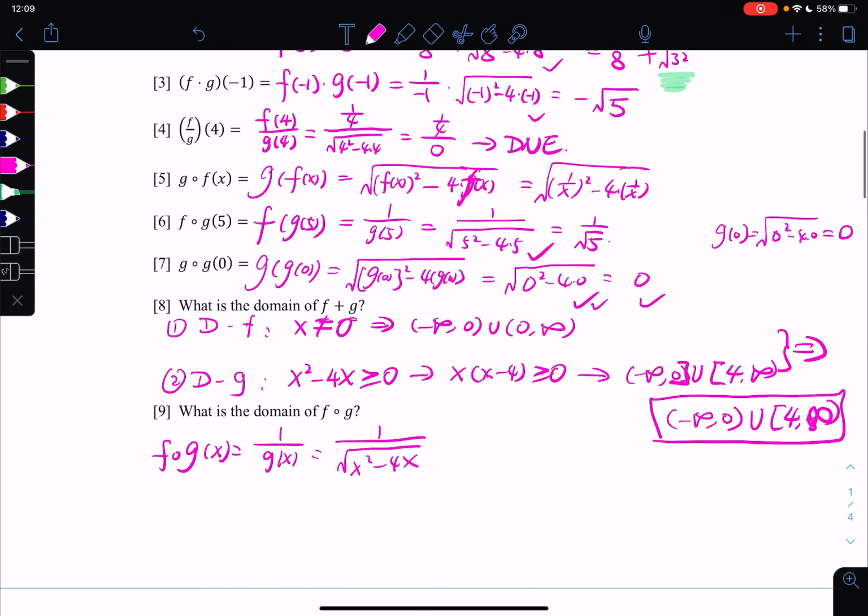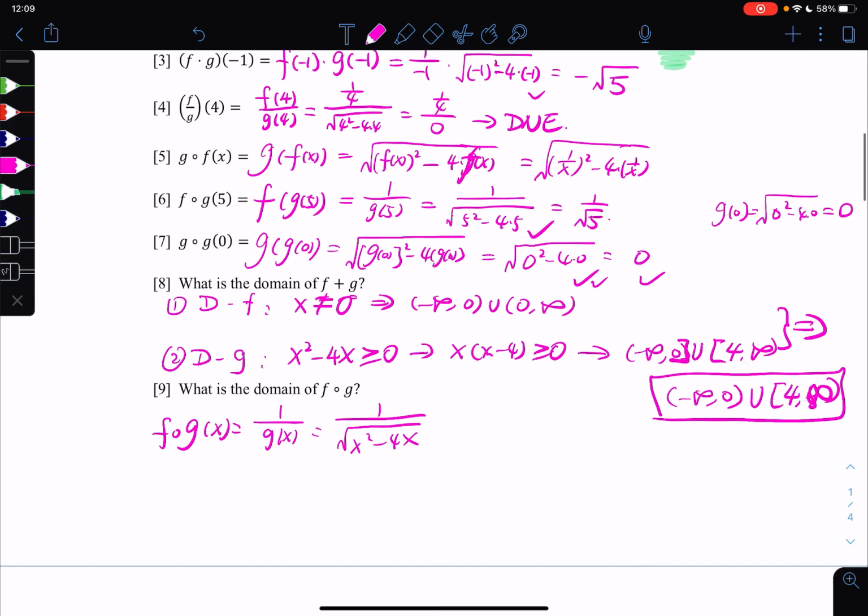This actually is a very popular mistake I've seen. First of all, because I have a denominator, whatever is my denominator should not be 0. Secondly, because I have a square root, whatever is underneath the square root, x squared minus 4x, is supposed to be greater than or equal to 0. Be very careful about which part is said to be non-zero and which part is supposed to be non-negative.